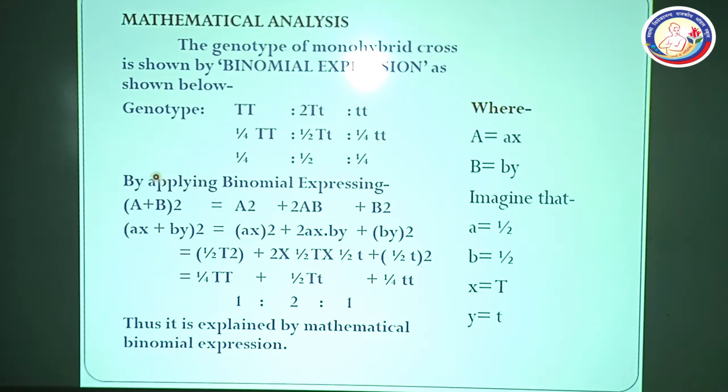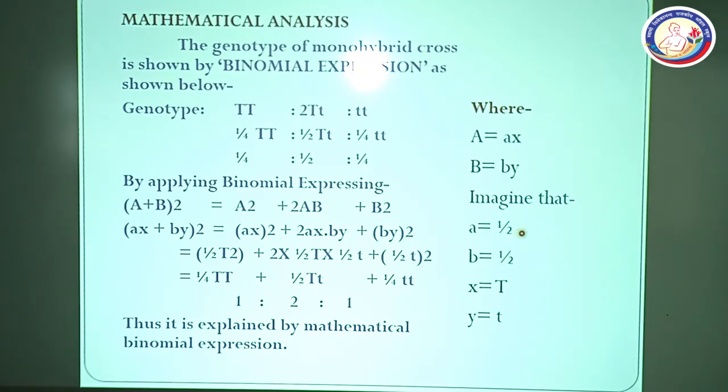By applying binomial expression, when you apply the binomial expression (a + b) to the power 2, it is a square plus 2ab plus b square. So here we are going to express capital A as ax and B as by. Then (ax + by) to the power 2 equals (ax) to the power 2 plus 2ax by plus (by) to the power 2.